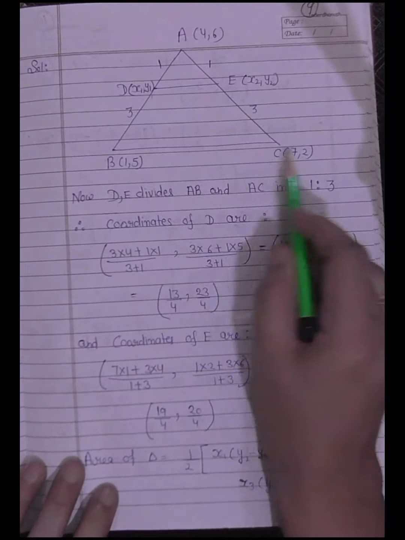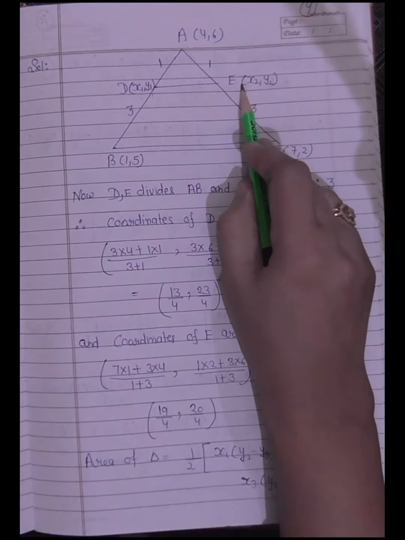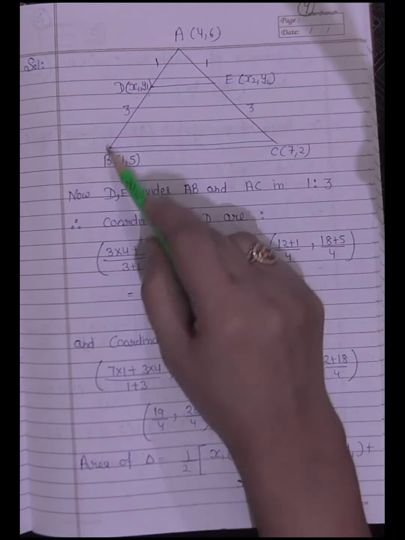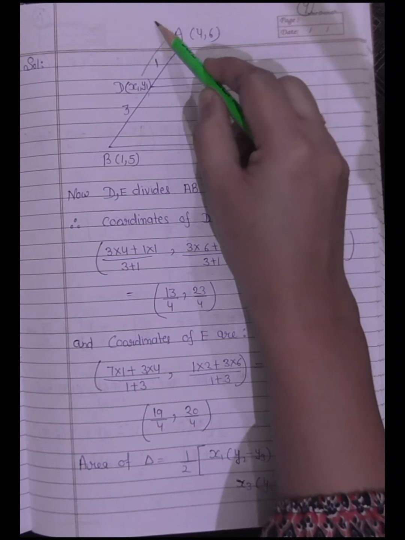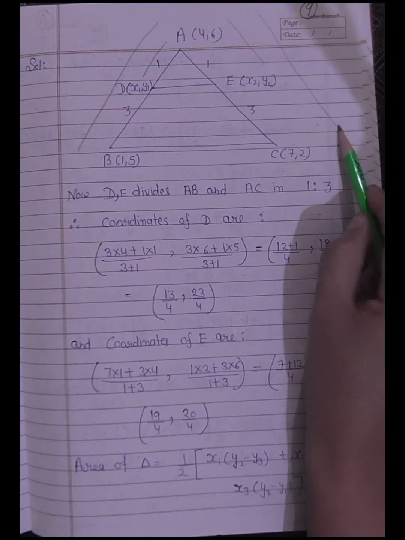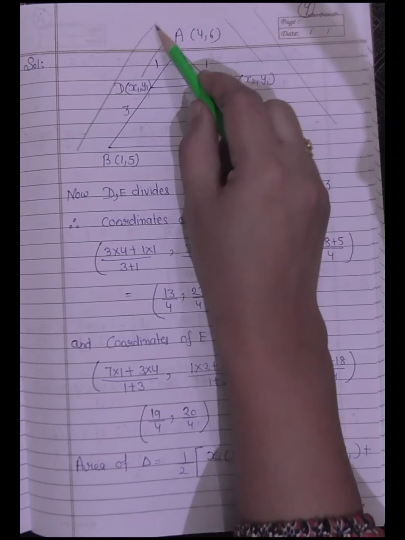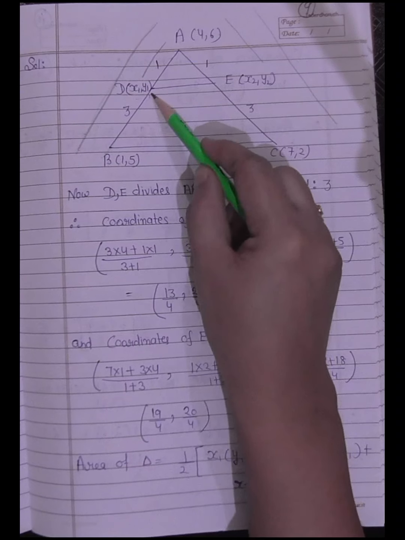Now this is a triangle with the vertices A, B and C. D and E are the two points on AB and AC such that AD/AB and AE/AC is equal to 1/4. This is 4, so we can say DB is 3.